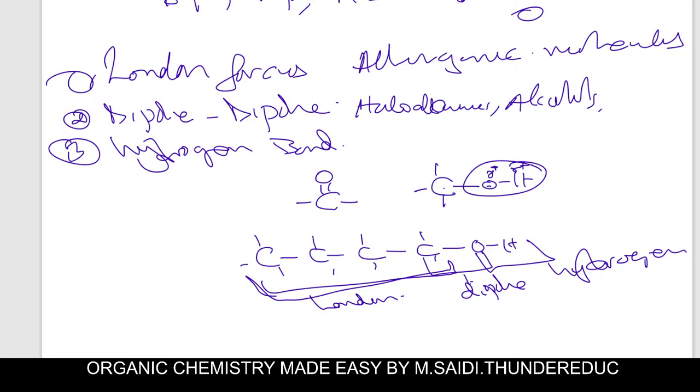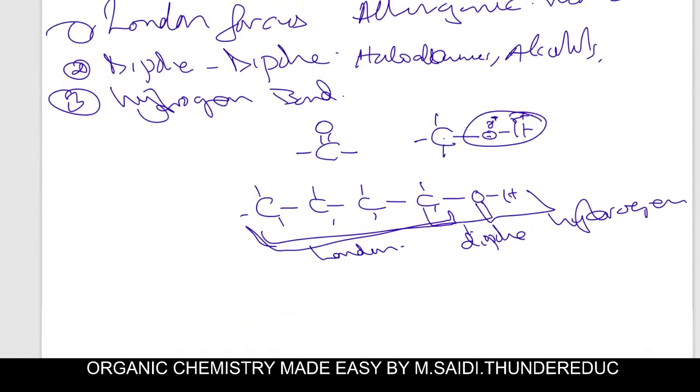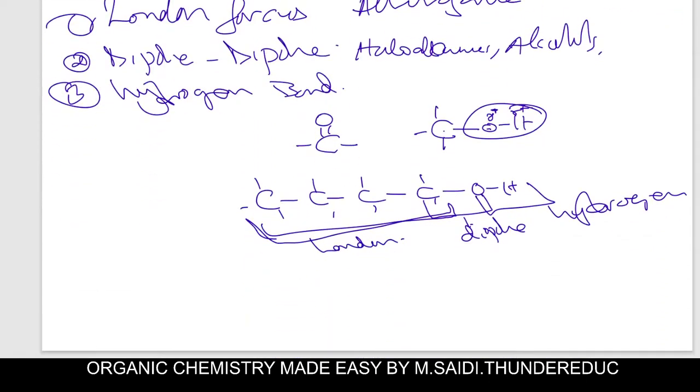So basically, when we compare boiling points, those compounds which have hydrogen bonds will have a higher boiling point and a low vapor pressure. Therefore, they will require more heat so that they can boil. Compounds with dipole versus London force: the dipole will have a higher boiling point and a low vapor pressure.